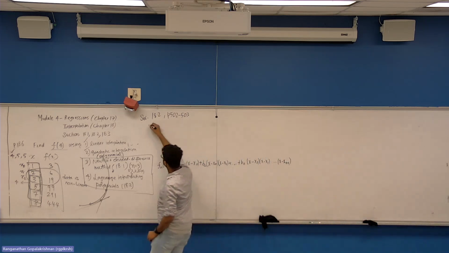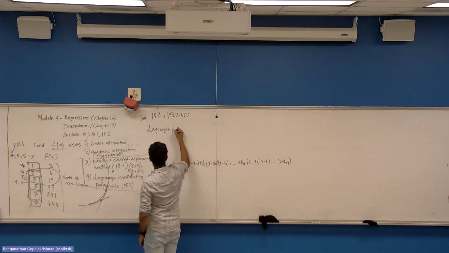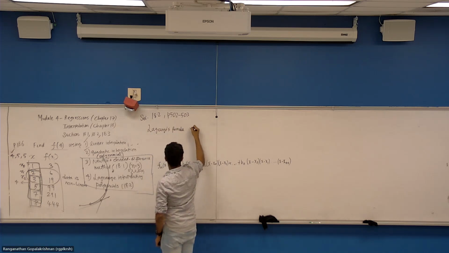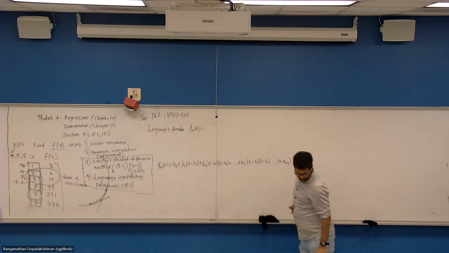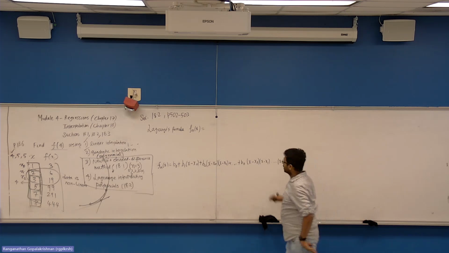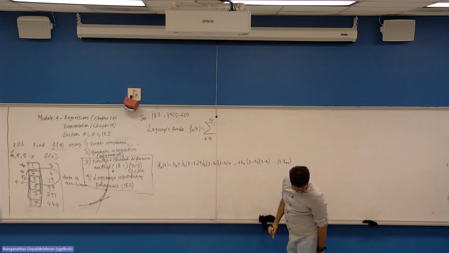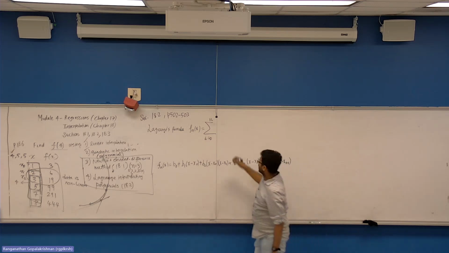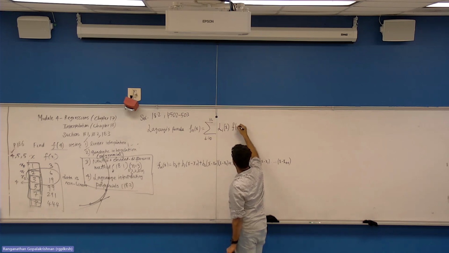Lagrange formula: Fn of x equal to the summation, i equal to 0 to n, of Li of x multiplied by f of xi.